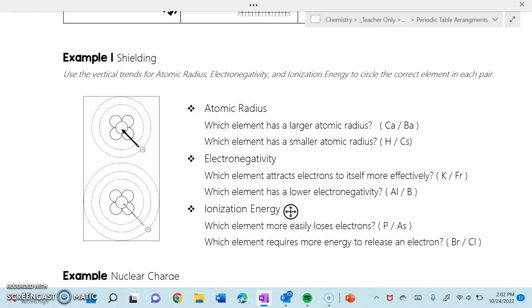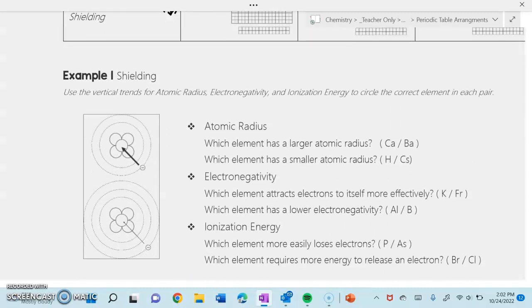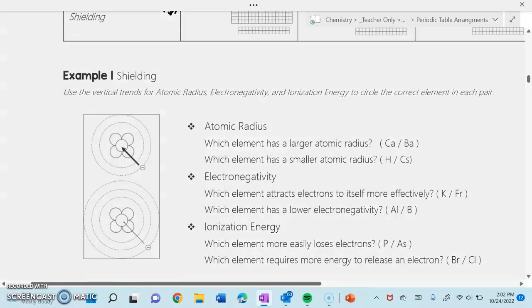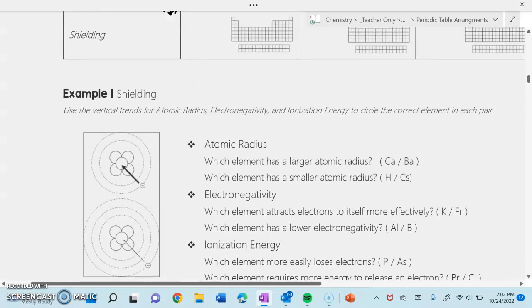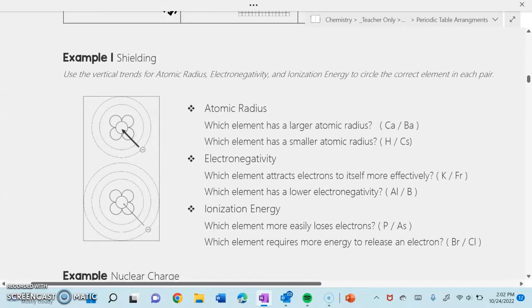The more bolded arrow is stronger pull because it's closer to the nucleus, and our kind of weaker pull is down at the bottom because it is farther from the nucleus. So the trend vertically is as the distance increases, our force of attraction will decrease.